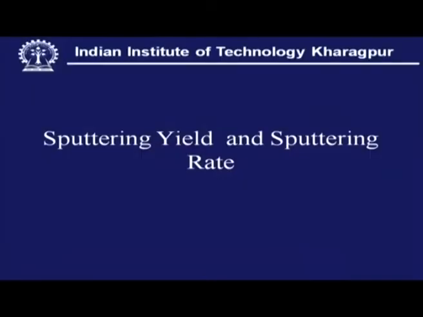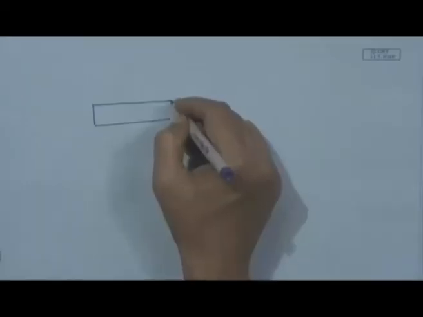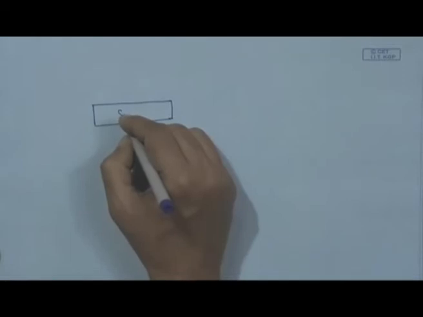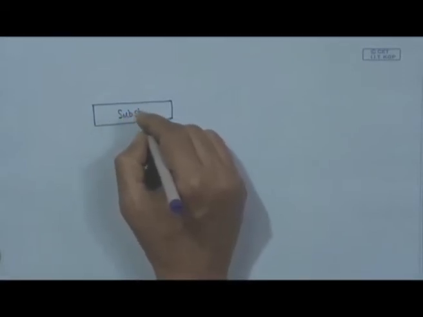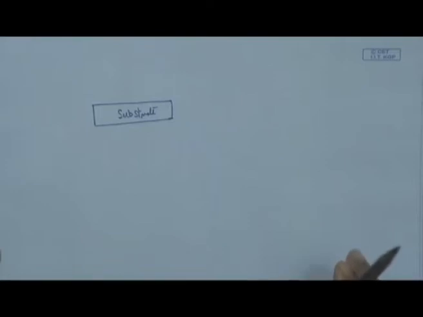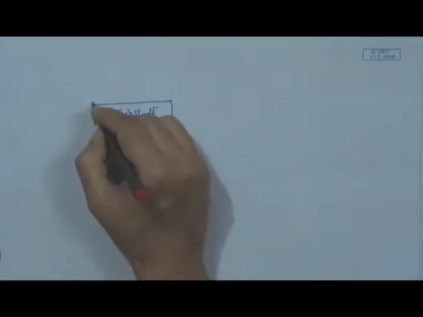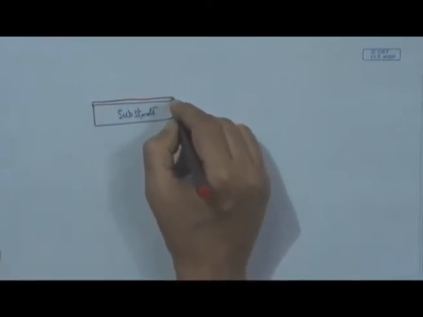Now, here comes the sputtering rate. Sputtering rate means, if we consider this as the substrate surface, how it is growing. That means, in nanometer scale or micrometer scale, how the coating is building up on it.